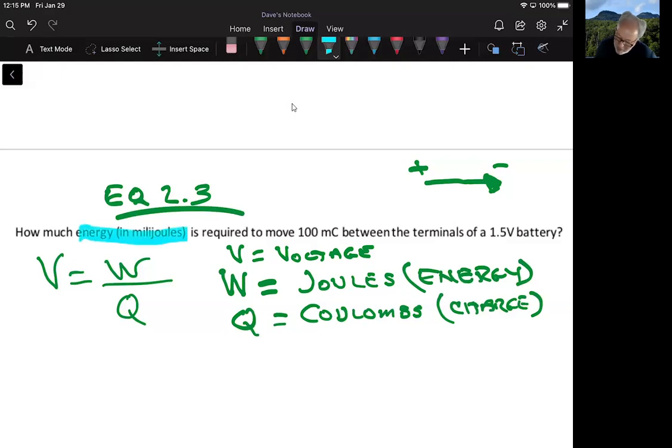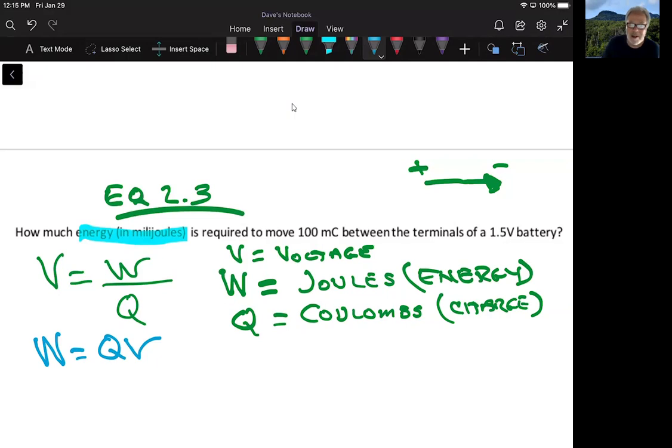And so as I look at this particular problem, what he's asking for is how much energy. So I have the right equation to solve this problem. What I need is my equation in the correct form, which I need in terms of energy. To solve that for W, I multiply both sides by Q, and I end up with this version of the equation.